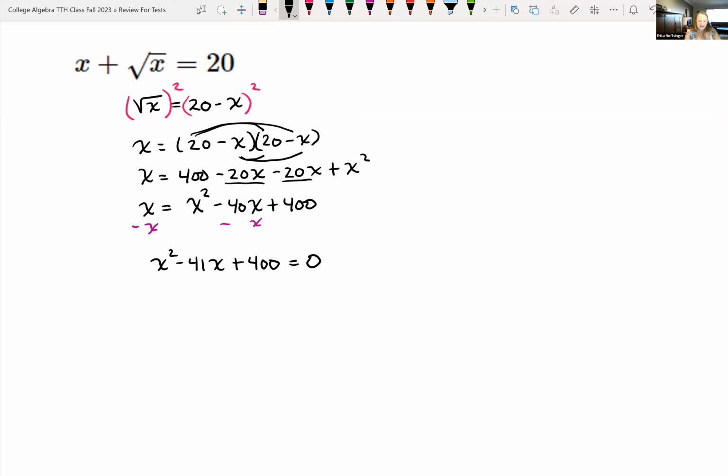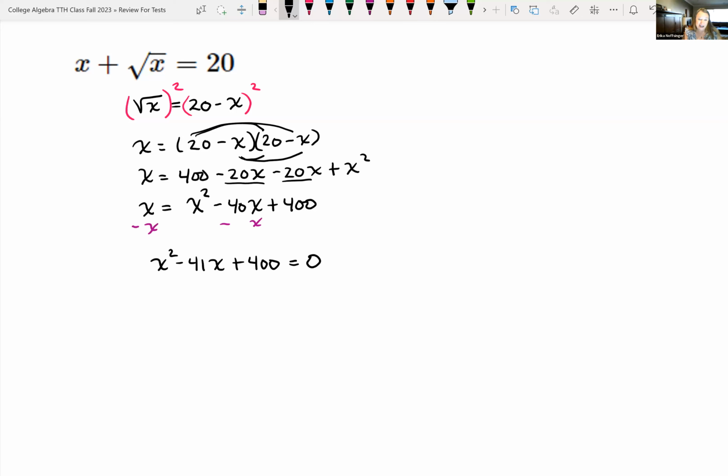So looking at that, we can either try to factor it, we could go in and use the quadratic formula, we can complete the square. So looking at this right away, I'm thinking, okay, what multiplies to 400 and adds to negative 41? And I don't see it right offhand. It could be pretty obvious, I'm not sure.